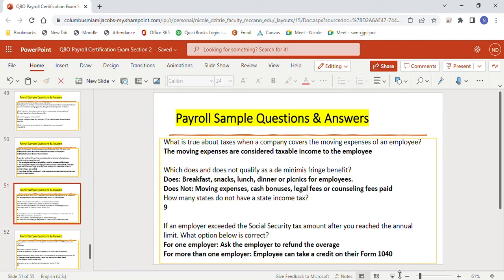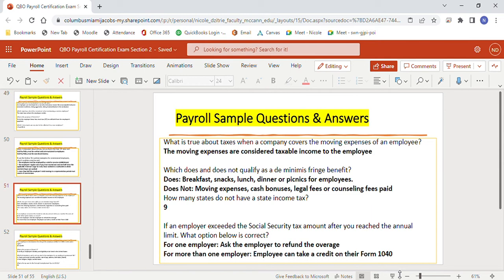How many states do not have state income tax applied? That's 9. I listed them up earlier. If an employer exceeded the Social Security tax amount after you've reached the annual limit, what option is correct? So I have 2. If you had one employer, you would just ask the employer to refund the overage because they're the one that overcharged you.